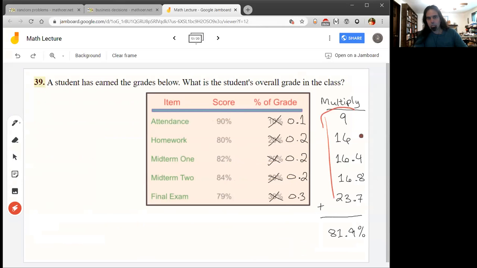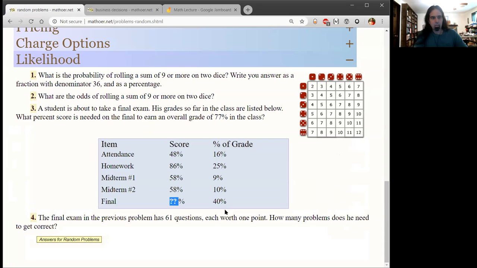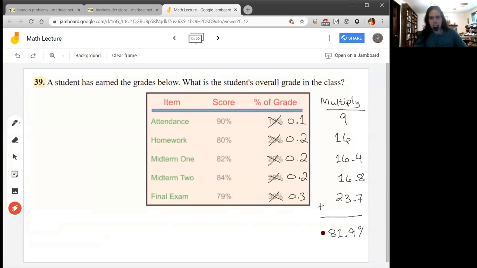You can get all these other numbers. And you can say, I want a 77%. So this number, I'm going to put 77. So now I have a subtraction problem. What number will go in this box to make these all add up to 77? So then you get this number.